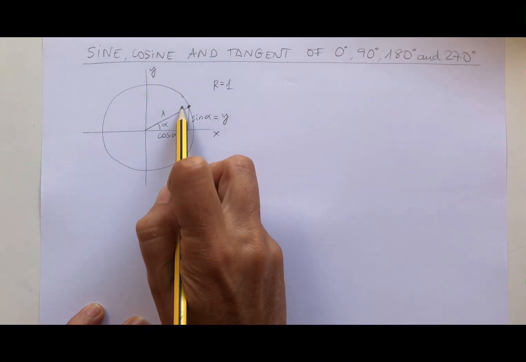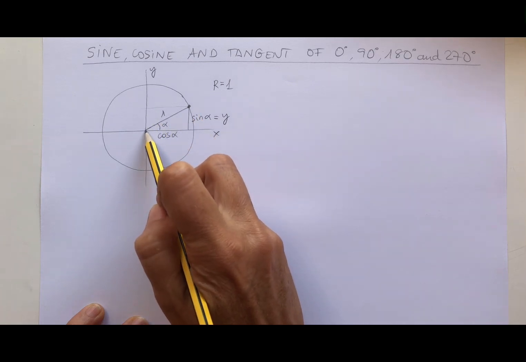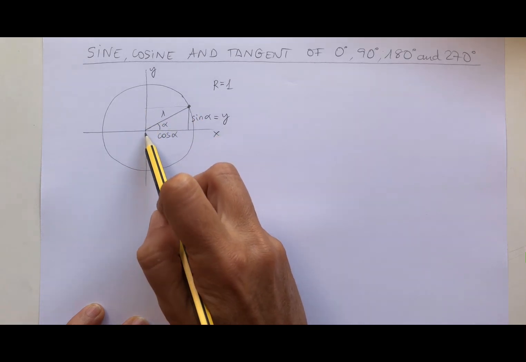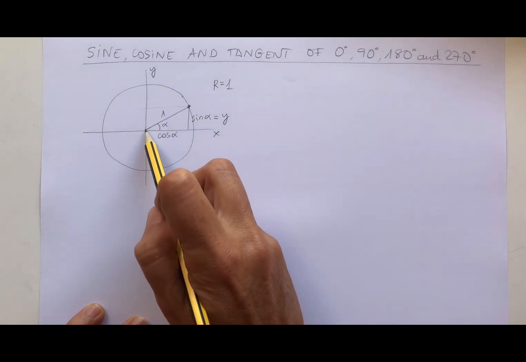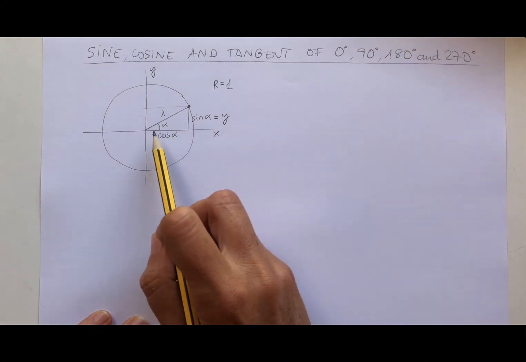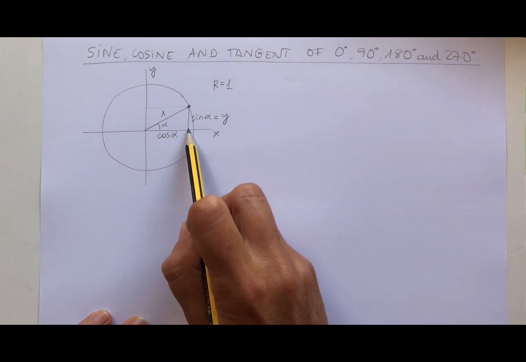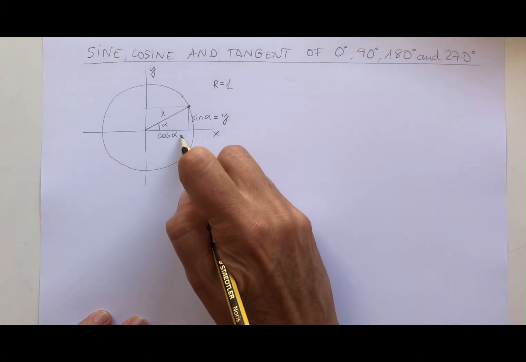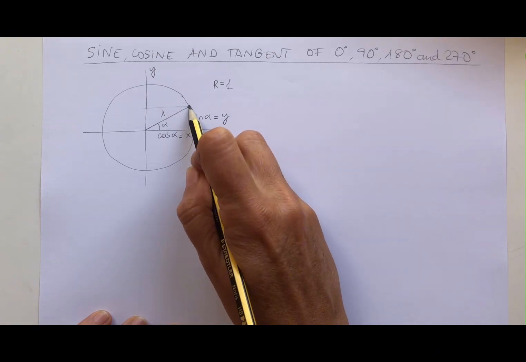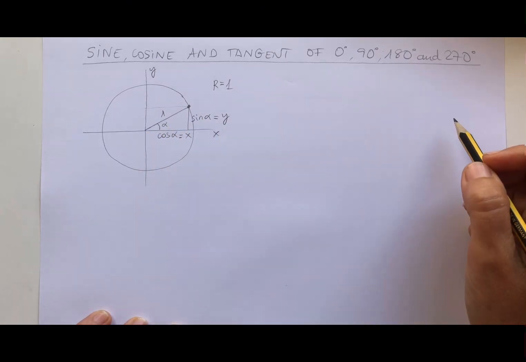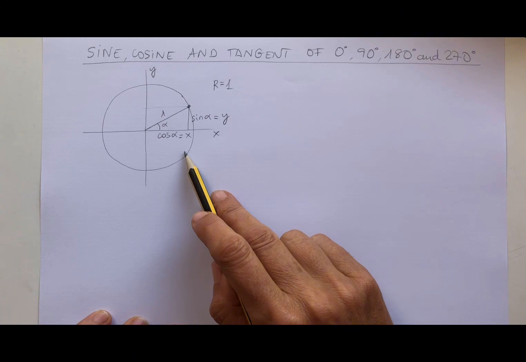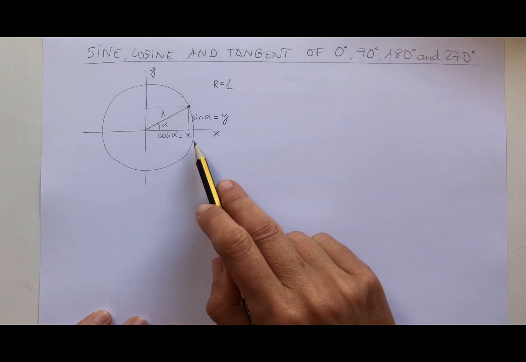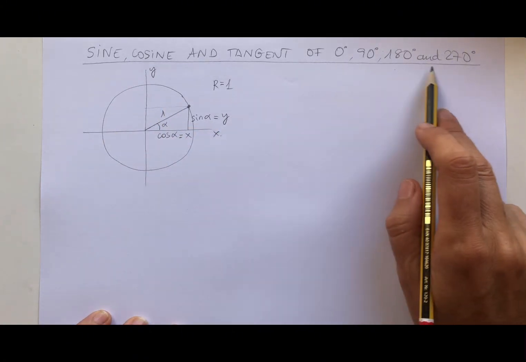Remember, the coordinates of a point are y, how much I go upwards or downwards. Remember that upwards is positive and downwards is negative. And cosine of alpha, for the same reason, would be the x-coordinate of this point where my angle intersects the circle. So now we are going to think like this, but with the angles we said before.